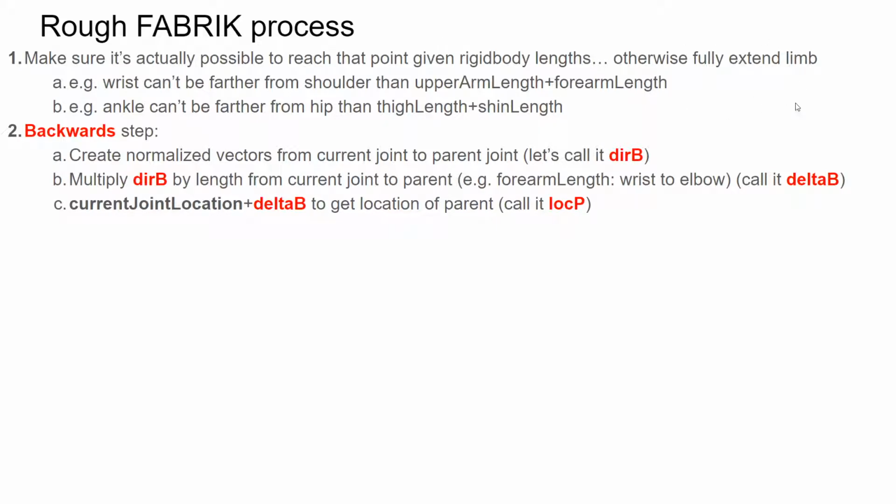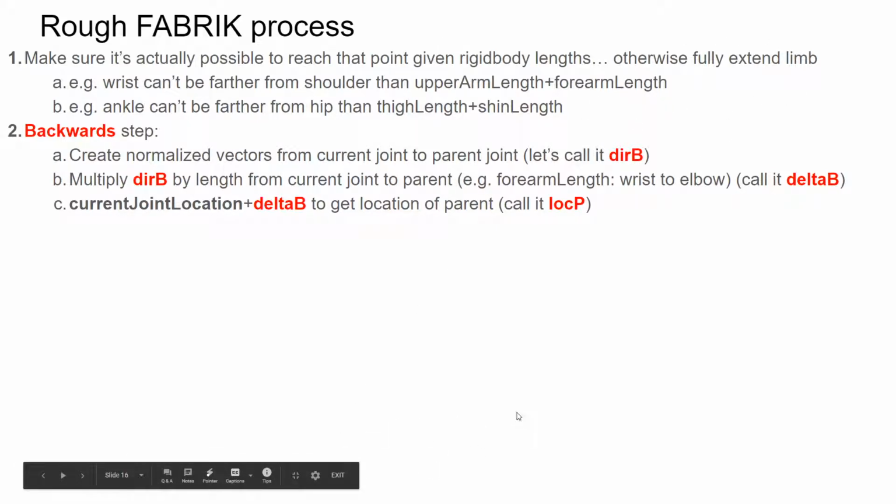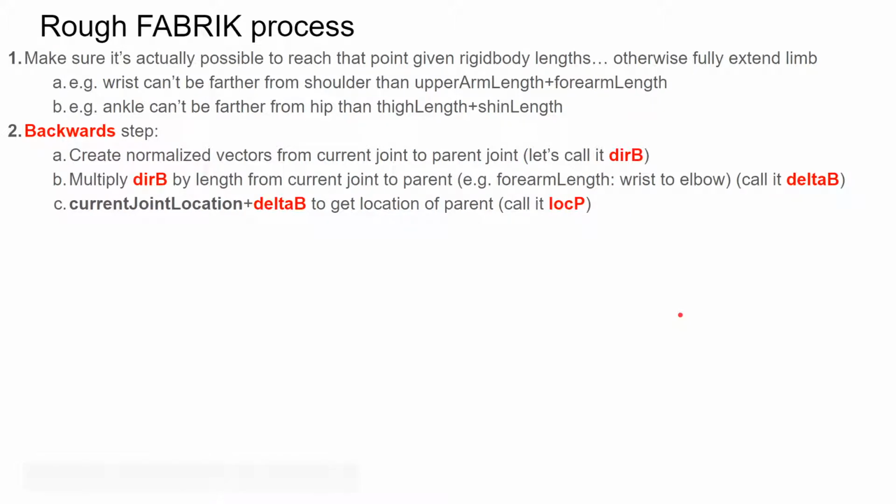So if my end effector is here and my old joint position is here, or let me open my pointer. Let's say that I have an arm that's like this, it's just like an L shape, and this here would be my end effector, and I move it this way, what I would do is from this position I would shoot a ray to the old parent joint.